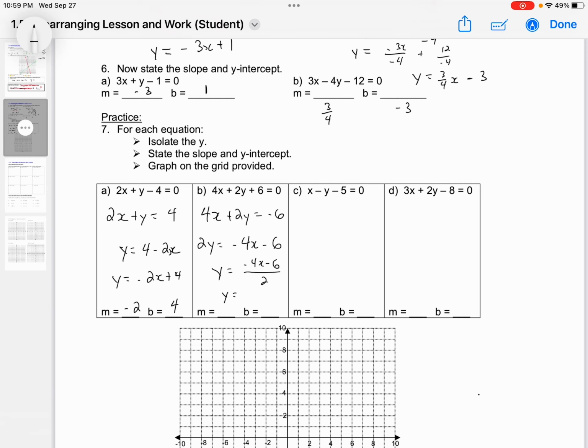And so when I divide them both by 2, I get negative 2x minus 3. See? Negative 4 divided by 2 is negative 2. And then negative 6 divided by 2 is negative 3. Now I've got the slope and the y-intercept. Negative 2, negative 3. Whew. Okay, that would be a medium one.